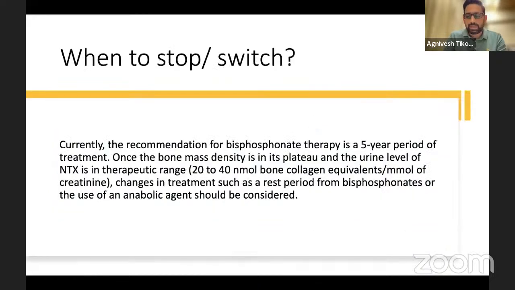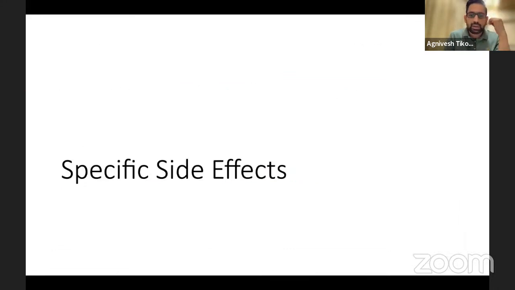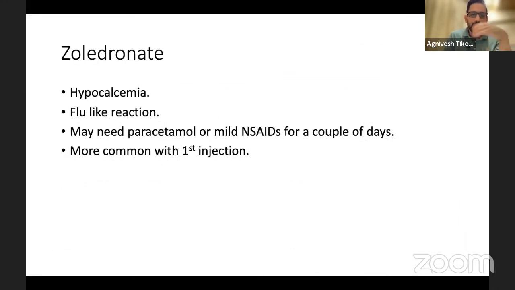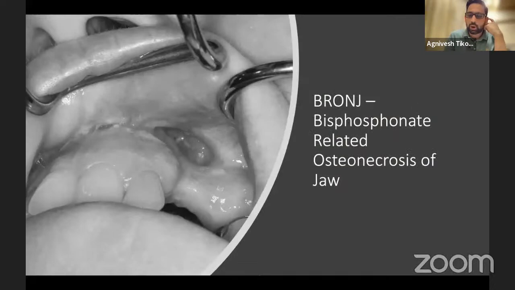We usually stop bisphosphonates after 4 to 5 years because we give a drug holiday for many reasons, because there are complications which can happen, one of them being osteonecrosis of the jaw. It's a raw area present on the jaw with a non-healing ulcer and can get very bad.